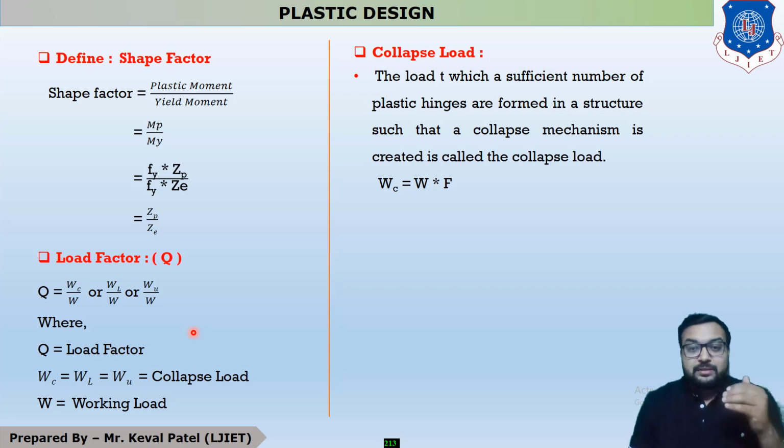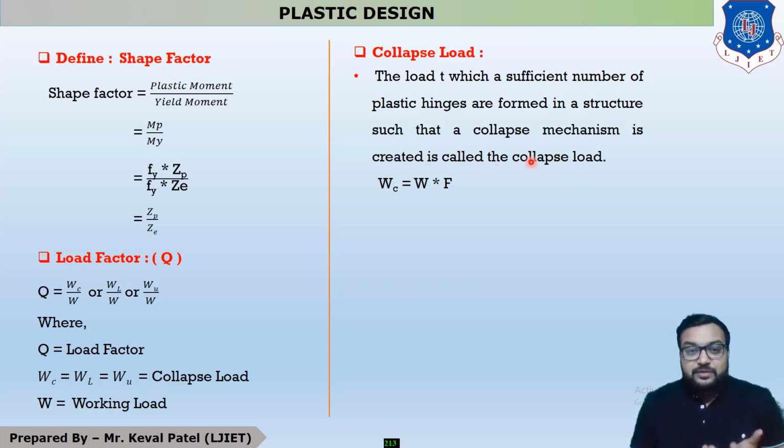No, you have to write this definition like the load at which a sufficient number of plastic hinges are formed in a structure such that the collapse mechanism is created. Okay, this collapse mechanism means the number of load combinations are there which force to collapse the building. Okay, so created is called as the collapse load.